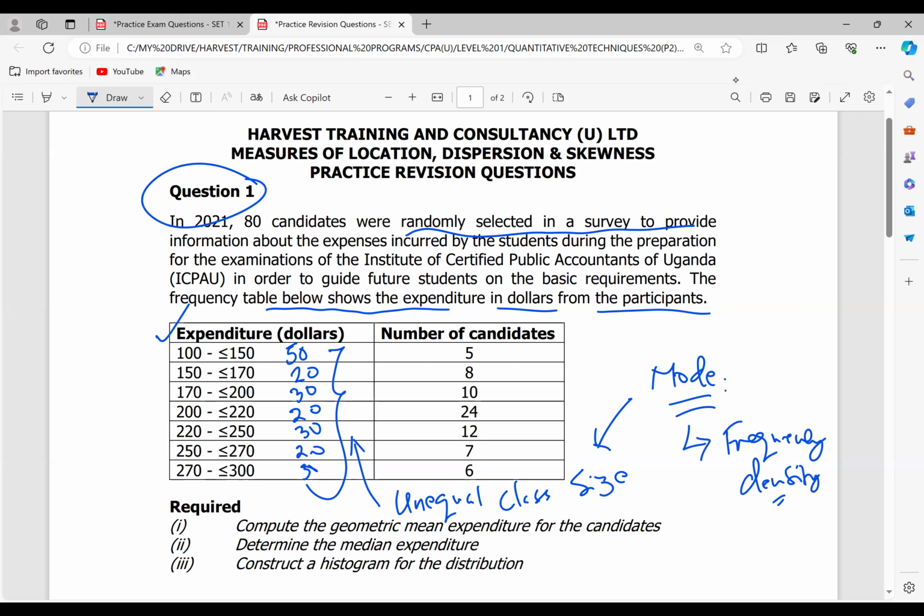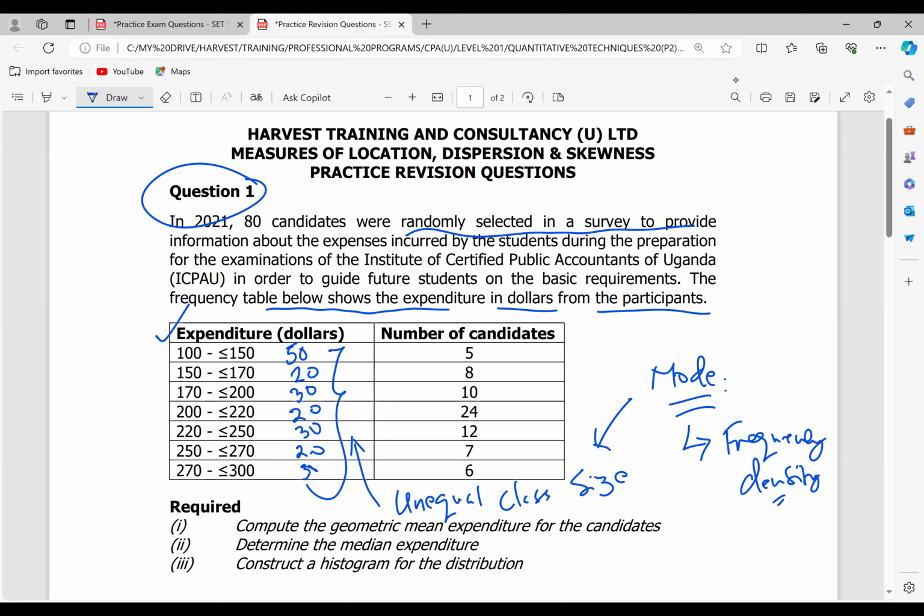So the frequency density can be examined in several ways. It may not be directly mentioned in the question to determine the frequency density. He may mention determine the frequency density or using the frequency density, but in most cases, the question may not be direct.